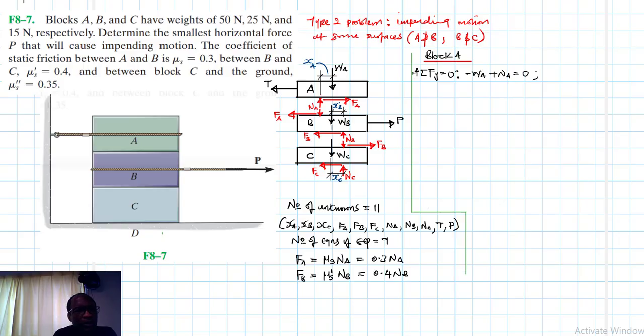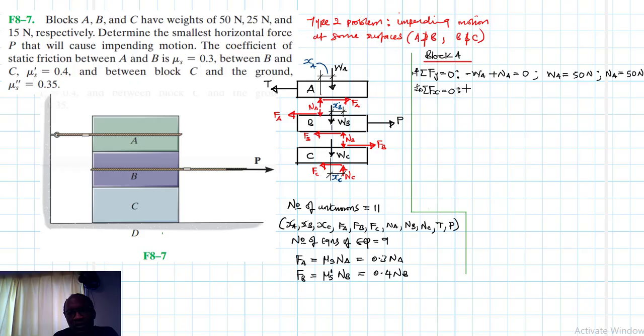Therefore our NA is going to be equal to, let me make mention of what WA is. WA is equal to 50 newtons. Therefore, our NA is equal to 50 newtons.